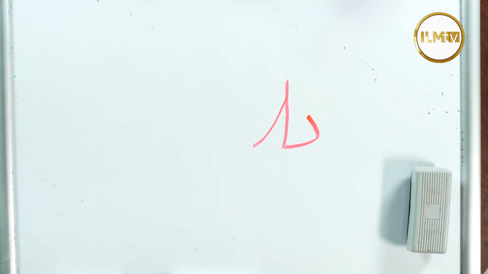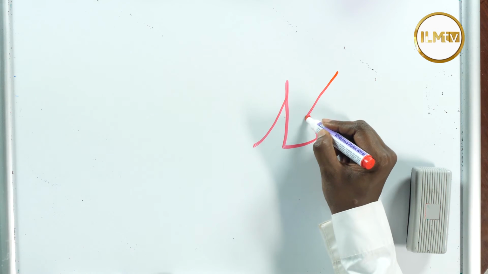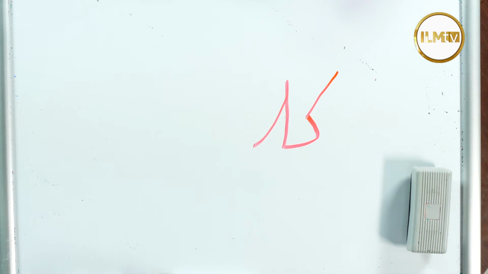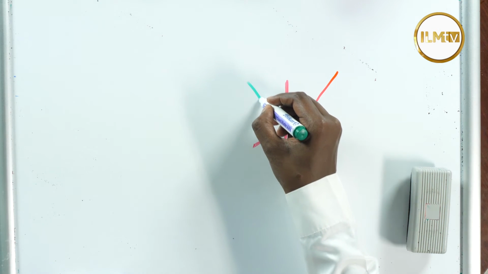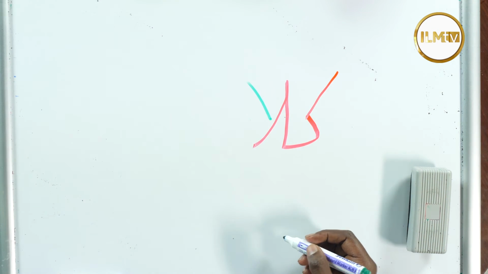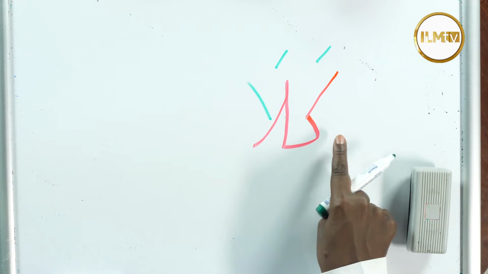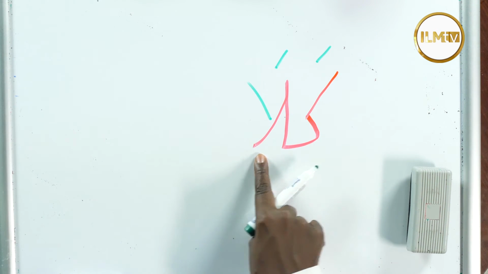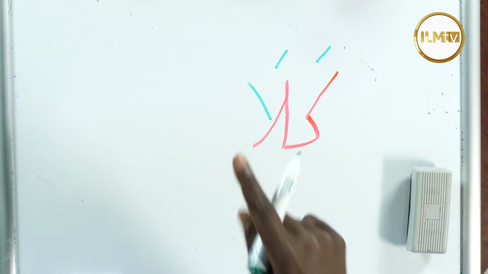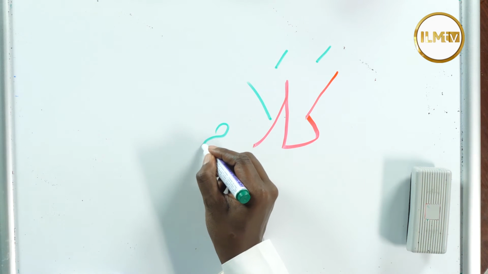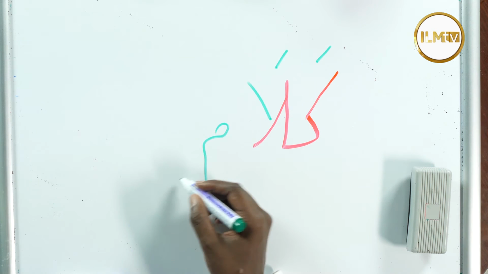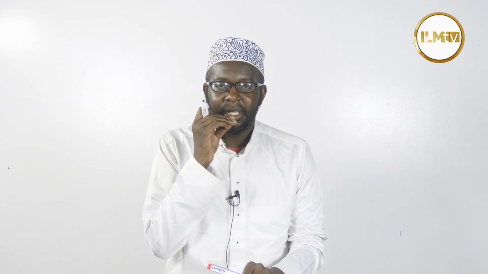Then that's a K. We add an alif, so it becomes kala. Then we add an M, kalam. Kalam means words.